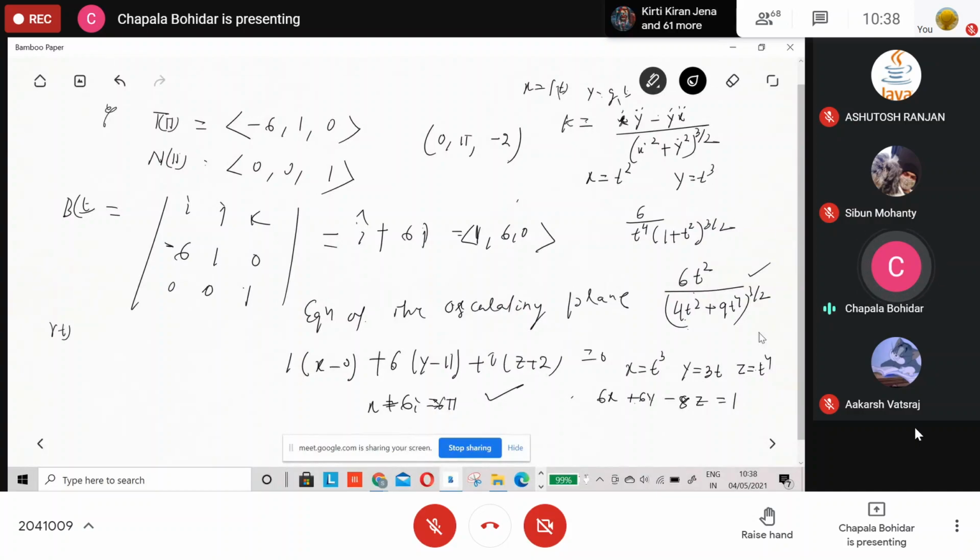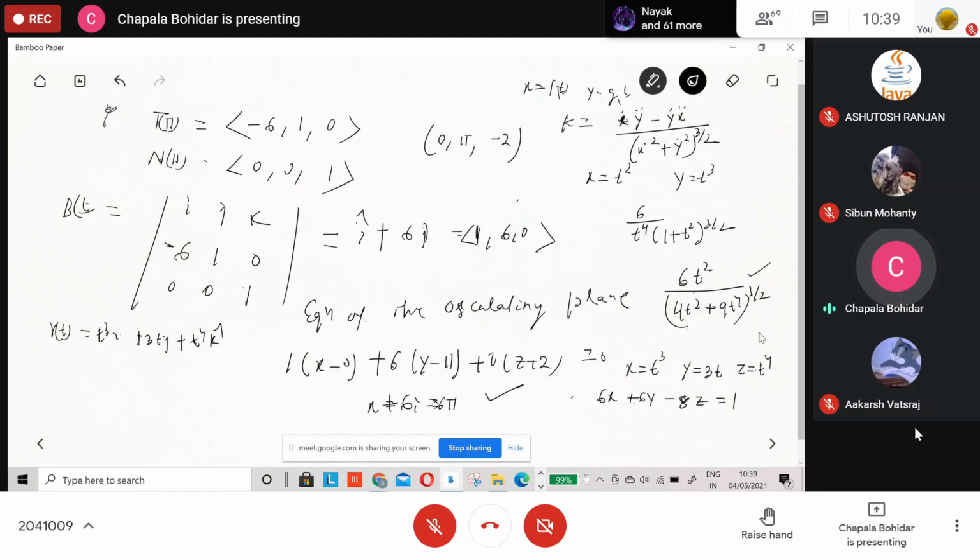RT is equal to TQ I cap plus 3T J cap plus T to the power 4 K cap. Okay, it is given.